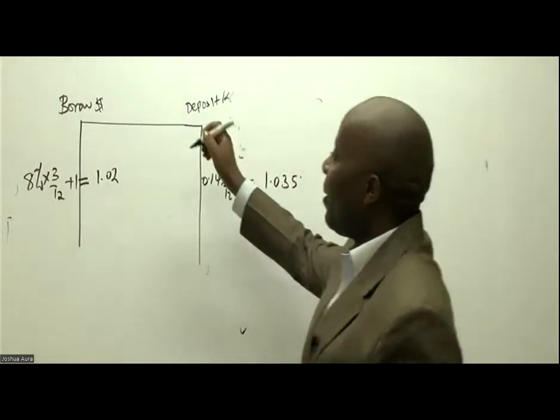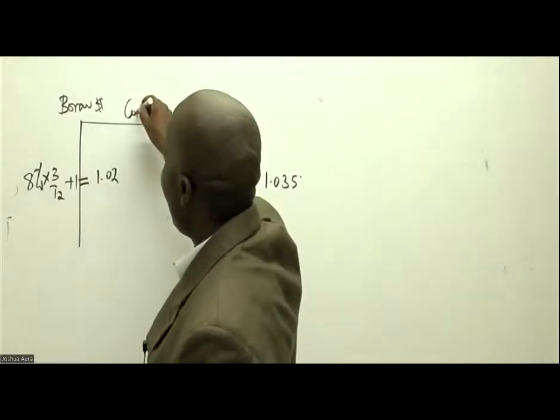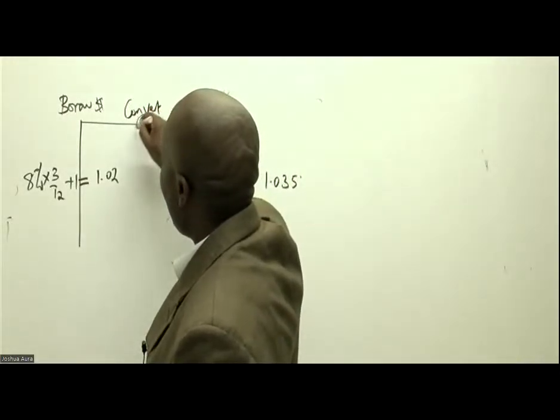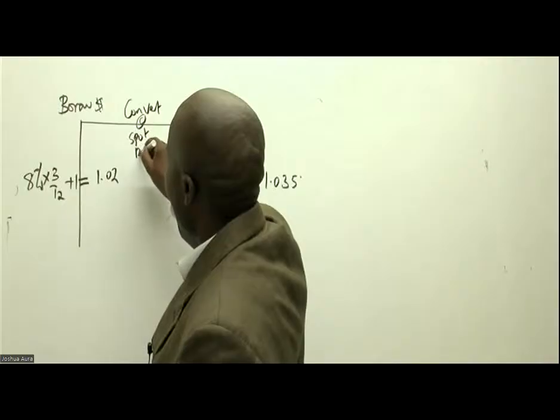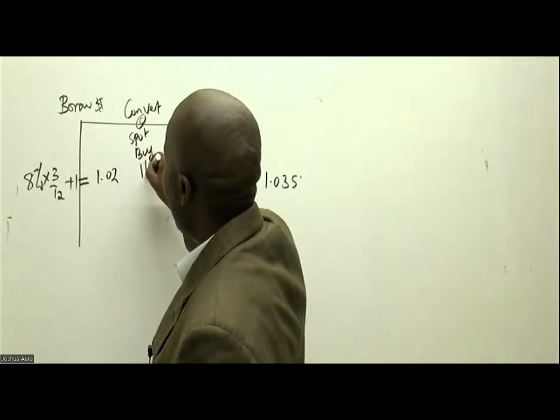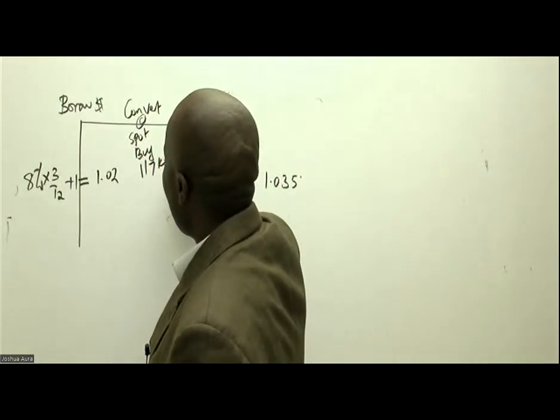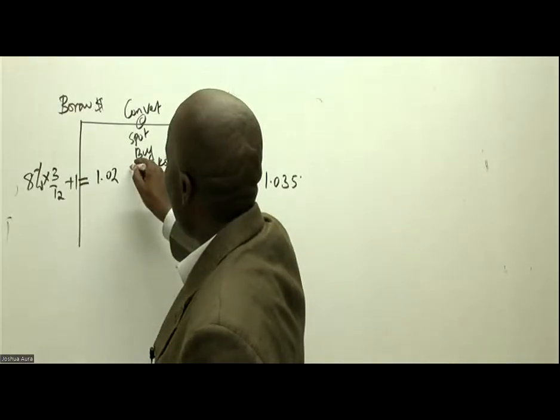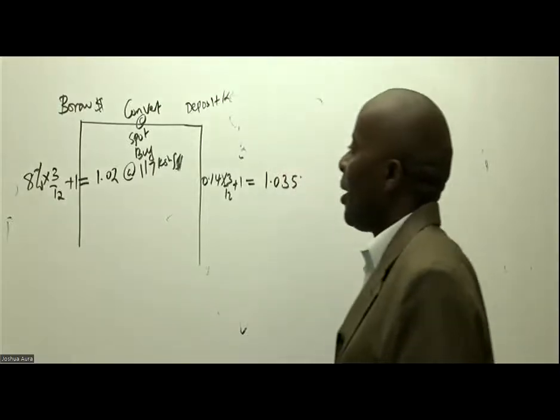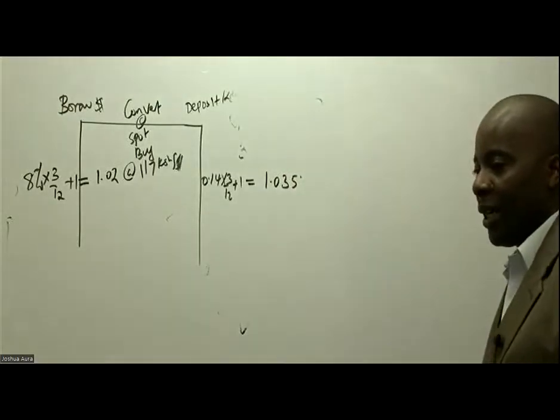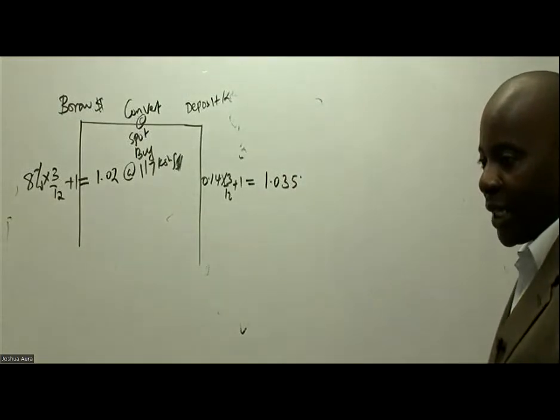Hapo kwa sema hapa convert export. It's buying when you're converting at 117 Kenya shillings per dollar. Now in this case, here we come to the last thing.